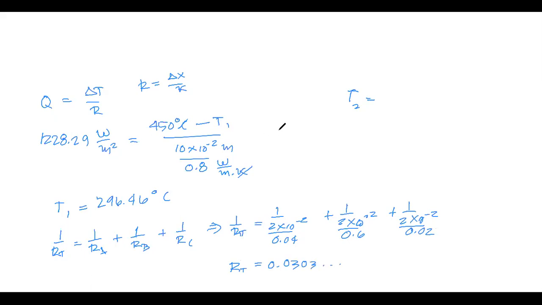Okay? So, ang general equation natin ay Q is equals to delta T divided by RT. So, ang common Q natin ay 1228.29. Tapos, we have 296.46 minus T2.